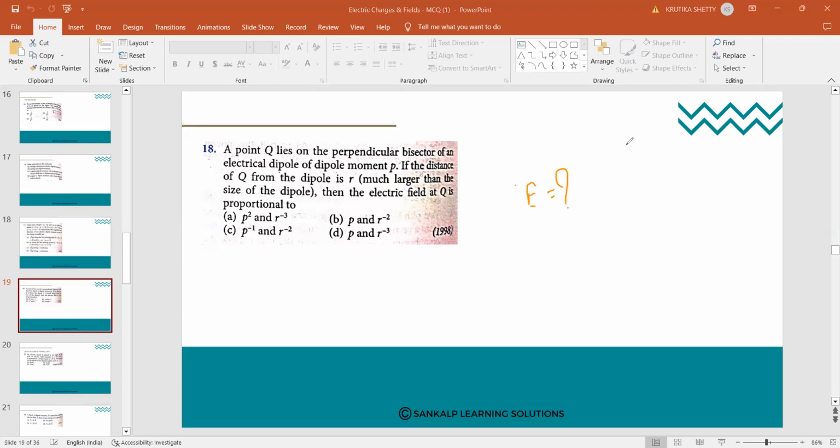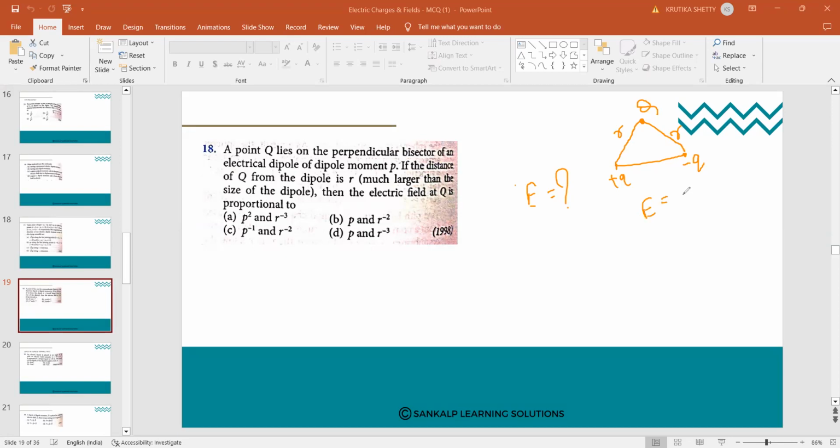See, a point Q lies on the perpendicular bisector of an electrical dipole. So this is my electrical dipole. This is plus Q. This is minus Q. At the bisector means it comes here. I have the charge Q here. If the distance of Q from the dipole is R, they are saying the distance from here is R. Then the electric field at Q is given by.